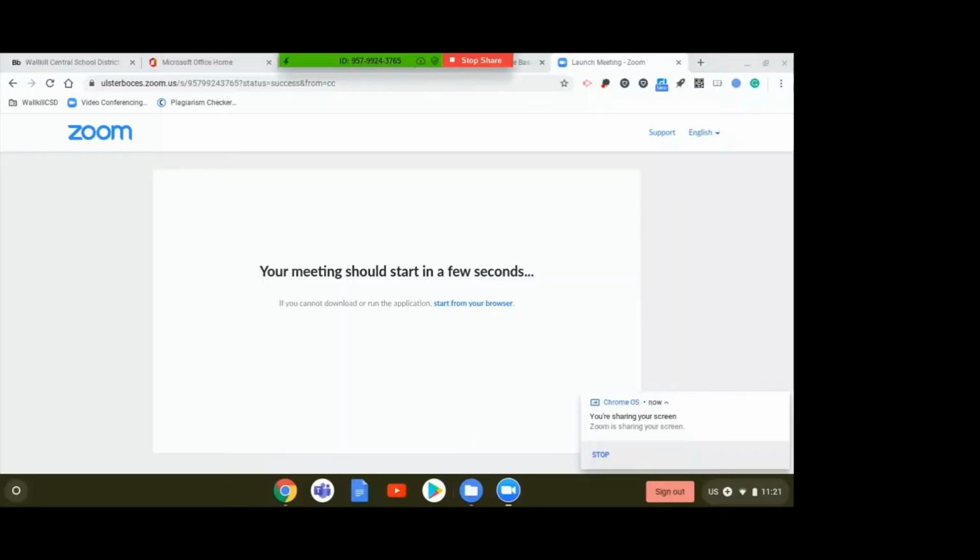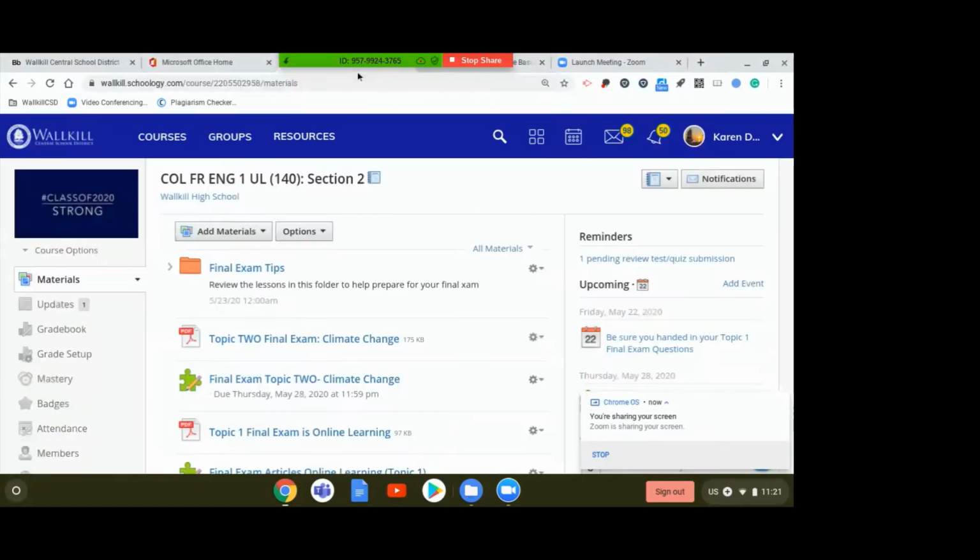So I'm going to do a screen share. We're going to go into Schoology. I'm sharing my screen with you. Here's Schoology, and I've created a final exam tips folder.